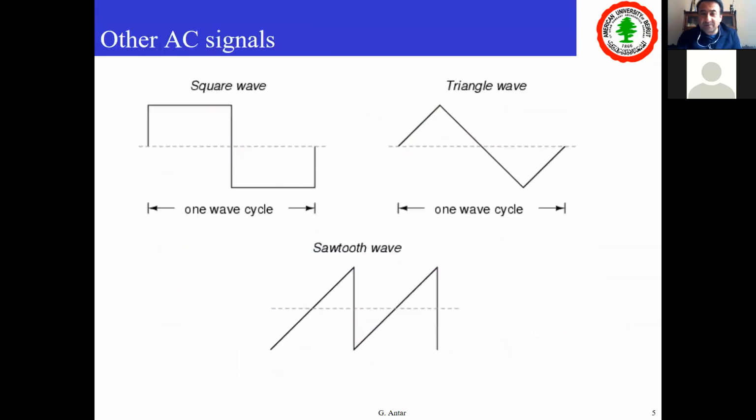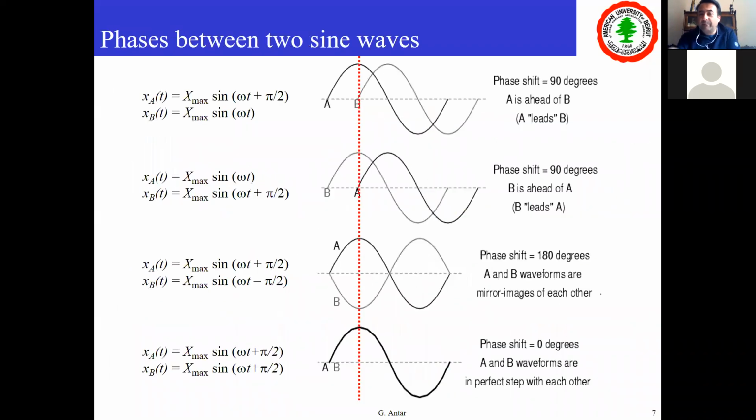For this reason, when we say a pi over 2 phase shift, this means that signal 1 is 0 and signal 2 is at maximum. Now, for a pi phase shift, signal 1 has, let's say, plus pi over 2, and signal 2 has minus pi over 2.